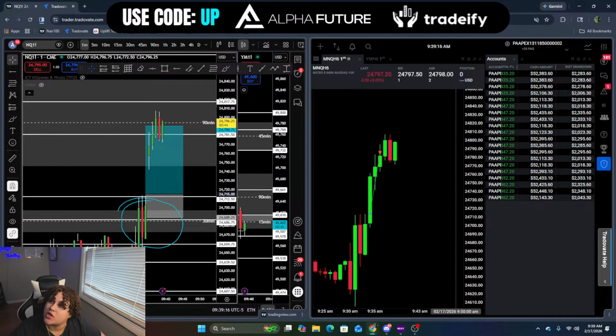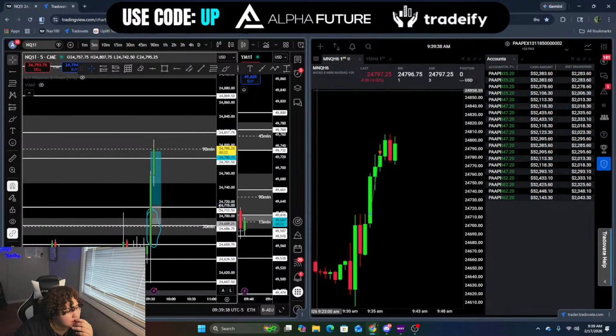I'm literally so rusty. It's actually crazy because I was trading these Topstep XFAs, and I was like, yeah, I'm definitely gonna trade them today, and I totally forgot about it. So I could look for another trade for the Topstep accounts.